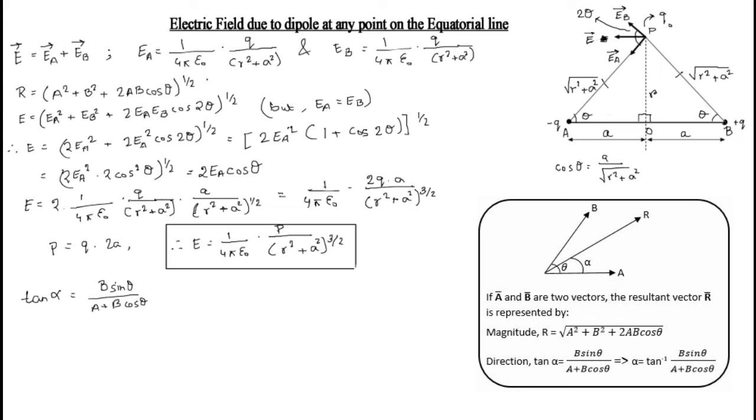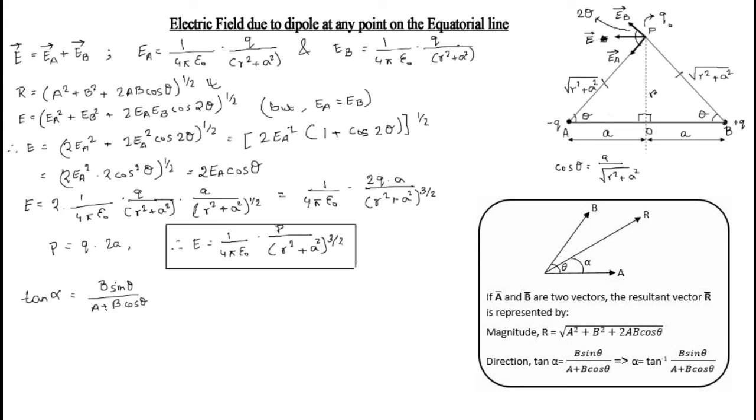The earlier expression gives the magnitude of two vectors a and b, and this gives the direction. So alpha is the angle with which this resultant vector is inclined with the vector a, right.